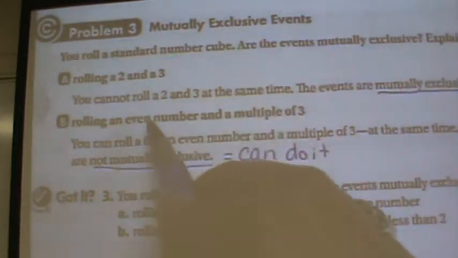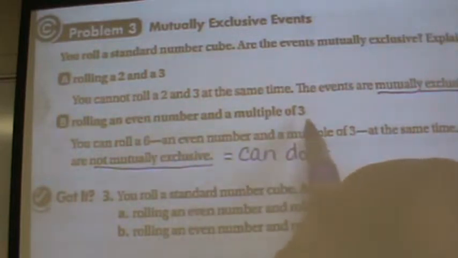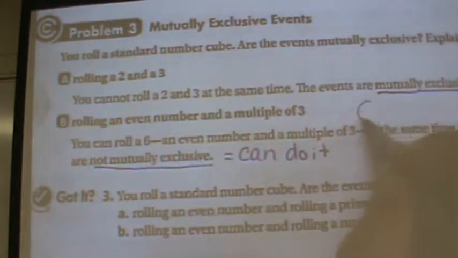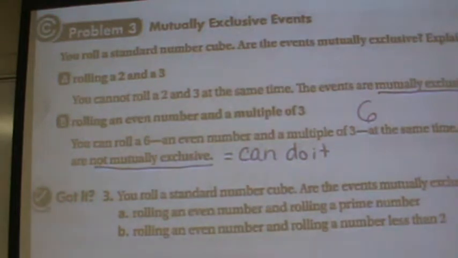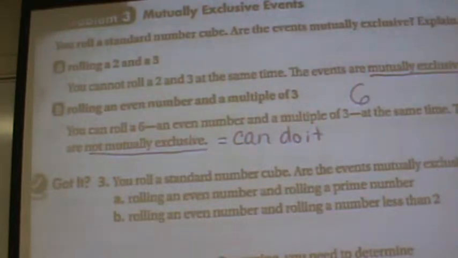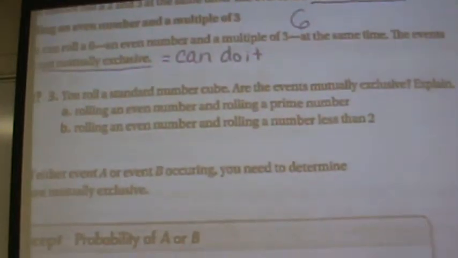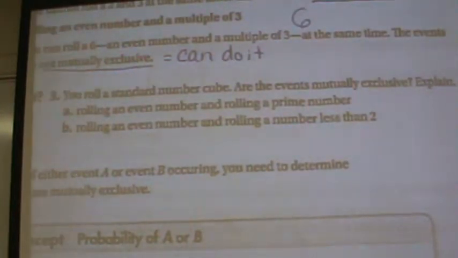Can you roll an even number on a die and it also be a multiple of 3? Yeah, 6. 6 is an even number and it is a multiple of 3. Do you get this so far? So what about the next one, number 3? Let's talk about these. Are these mutually exclusive or not? Can you roll an even number and it be a prime?